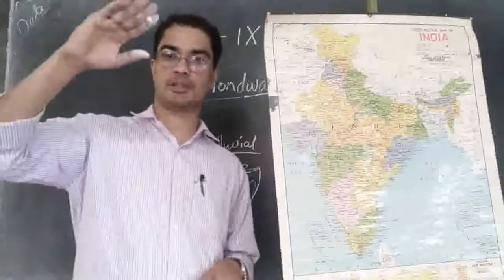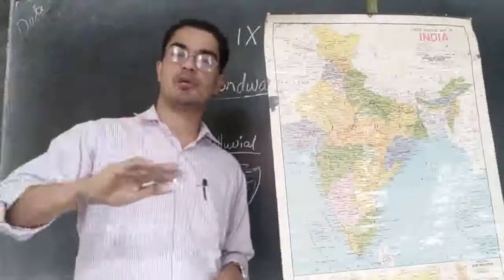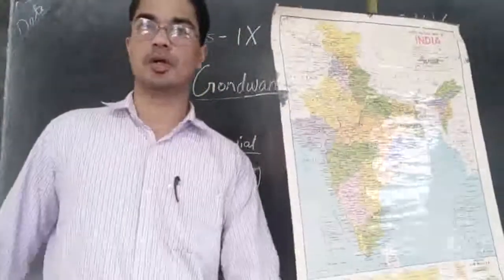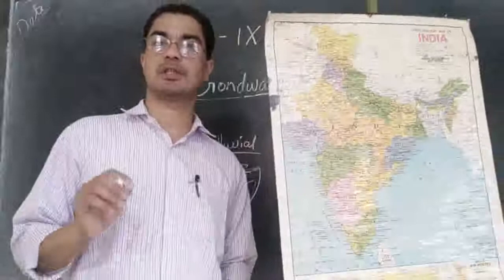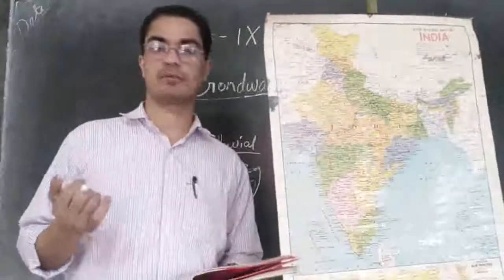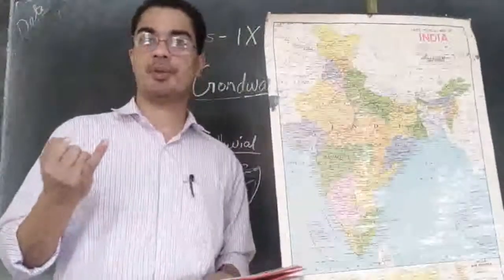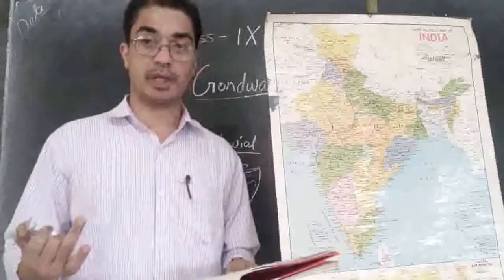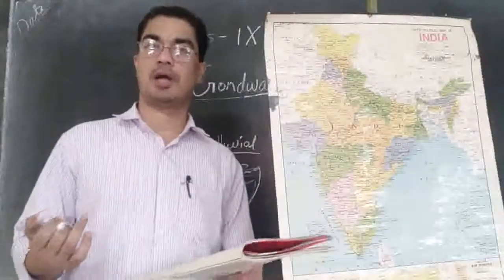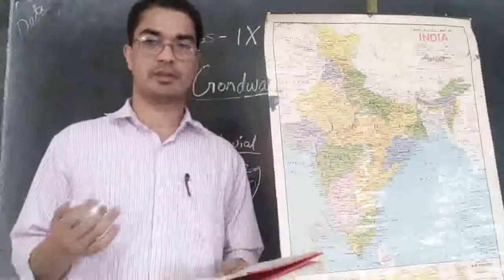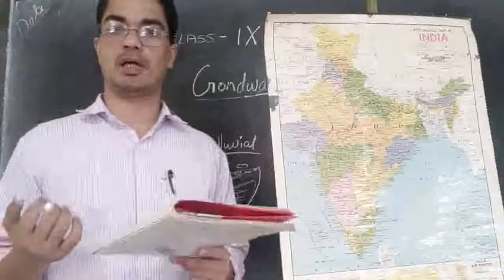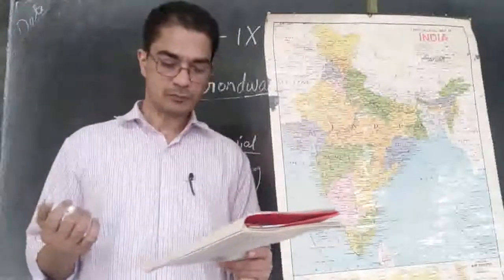But at the top parts, the mountains are very steep, therefore the river is flowing very fast. So that is the special feature of this Himalaya. What are they? They have high peaks, deep valleys, and fast flowing rivers. These are the three special features that we can find in Himalaya.